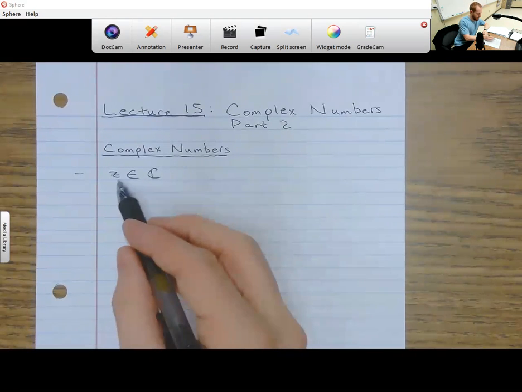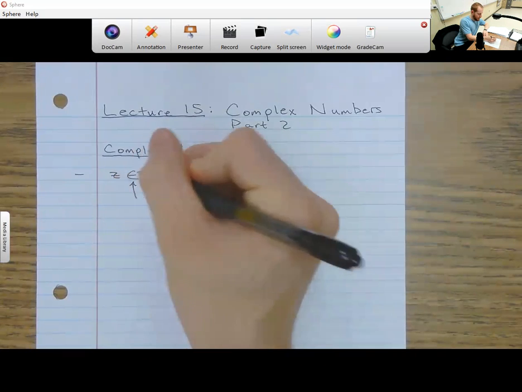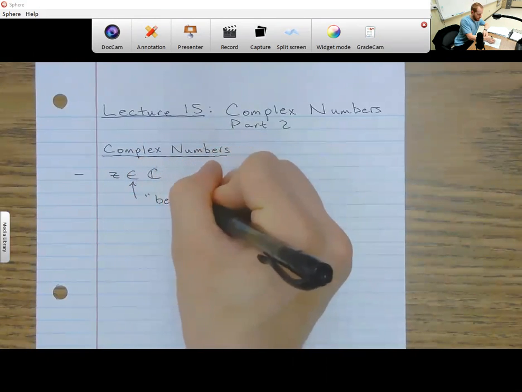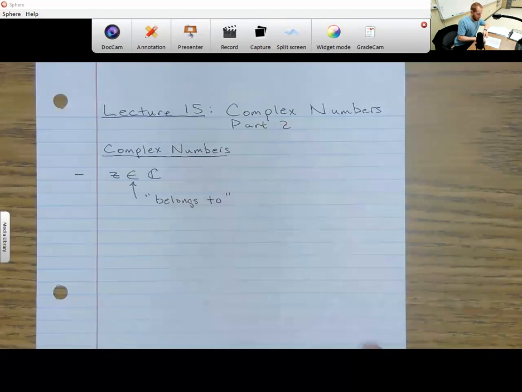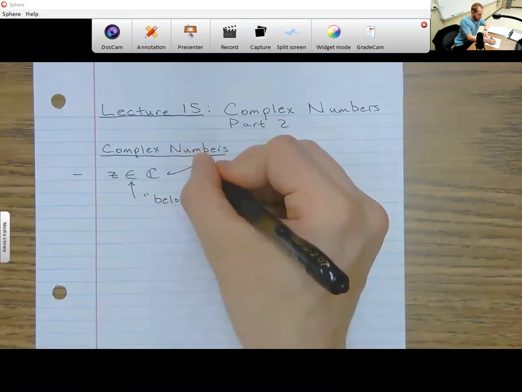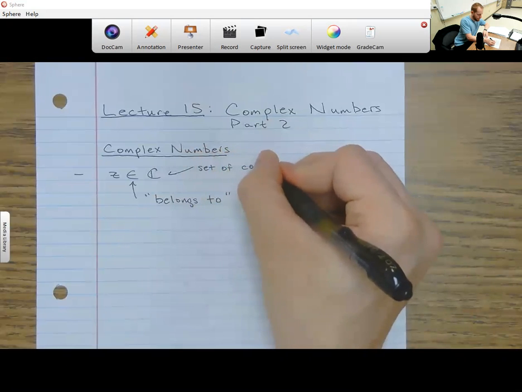So the Z right there, that's a complex number. This symbol right here stands for belongs to. And this capital C right here, this is the set of complex numbers.